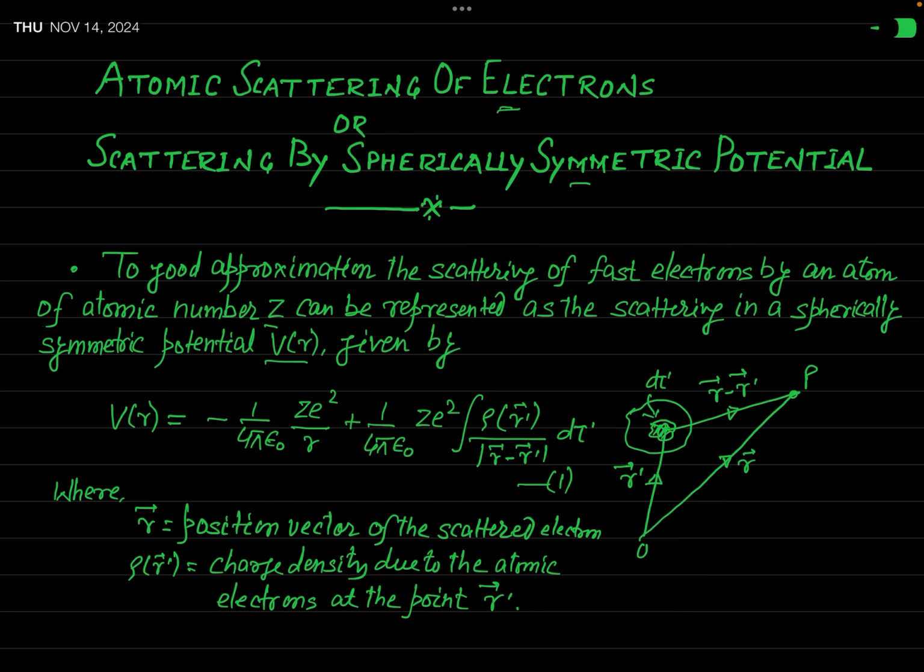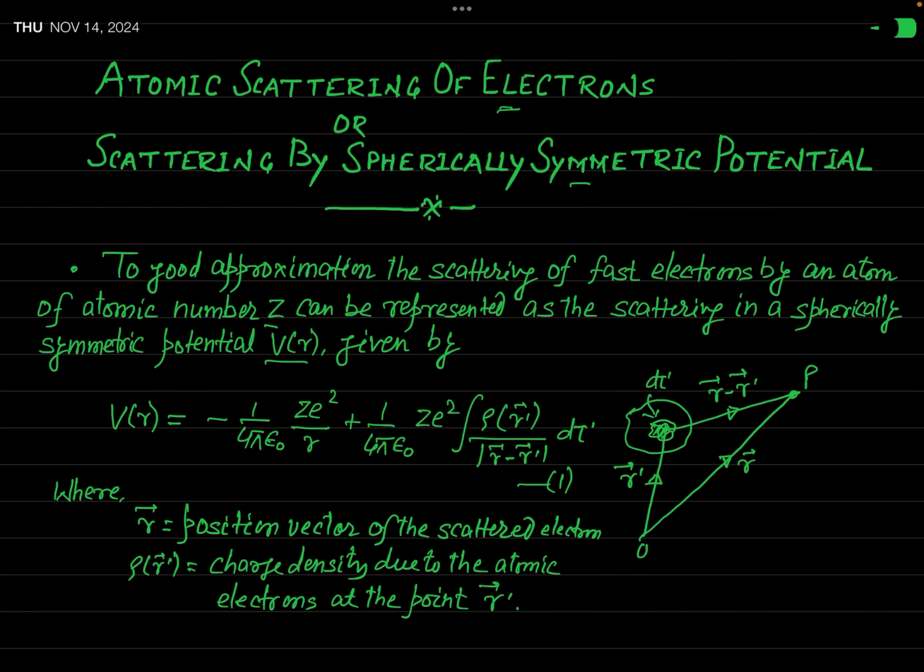Now, first of all, let us see, if we consider that an atom behaves just as a spherically symmetric potential, what will be the potential created by this system at a point of observation? Here P is the point of observation where the potential will be observed, and O is an arbitrary origin.